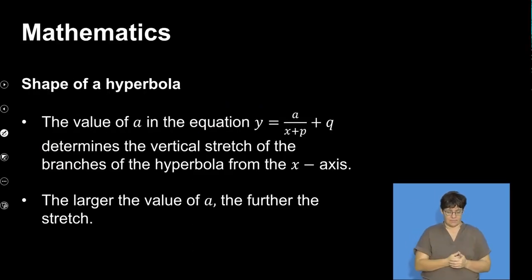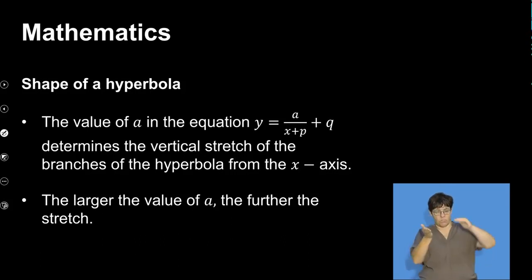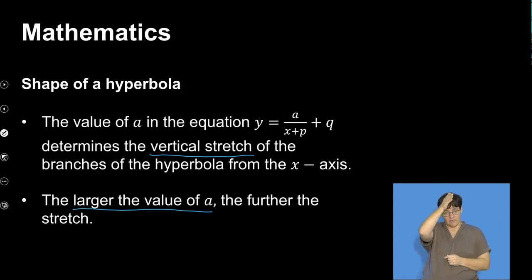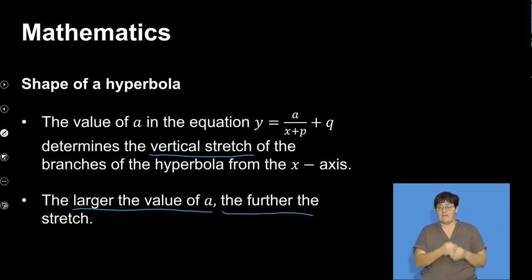Also, the value of a in that equation determines the vertical stretch of the branches of the hyperbola. As much as it talks about the orientation of the graph, it also tells us what the vertical stretch is, meaning the larger the value of a, the further the stretch. In simple terms, the steeper it is, although it's not really a line.